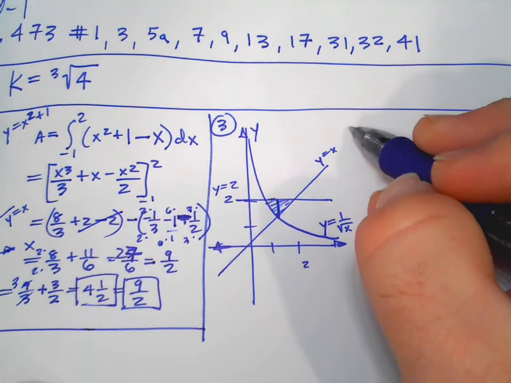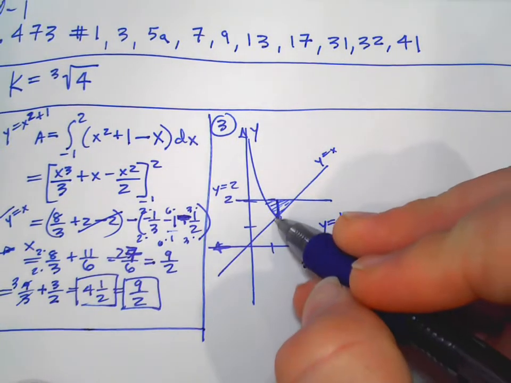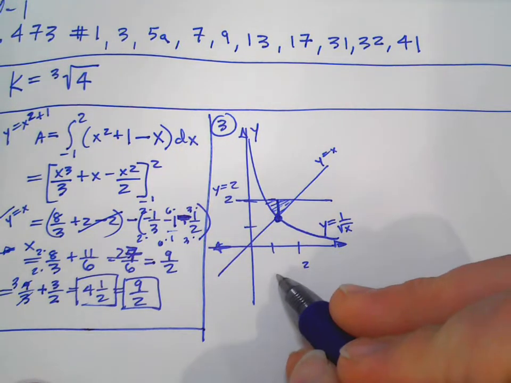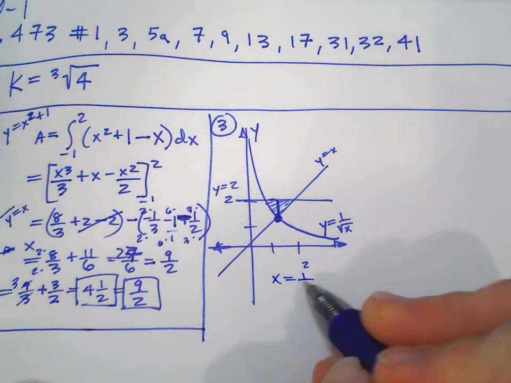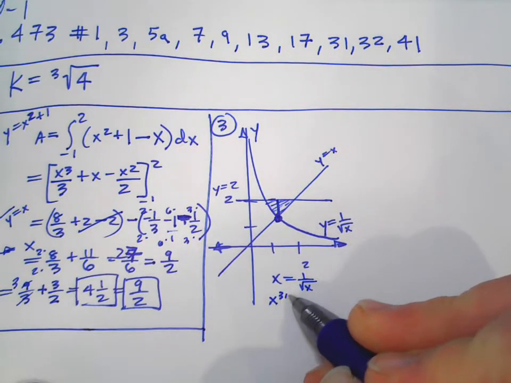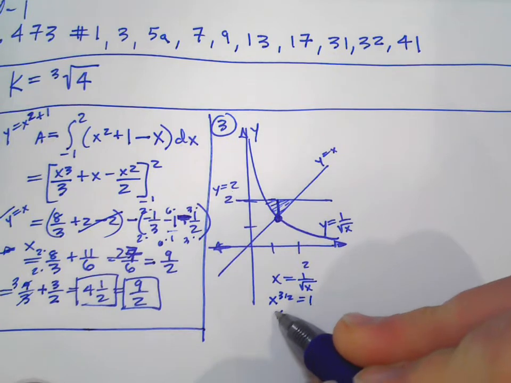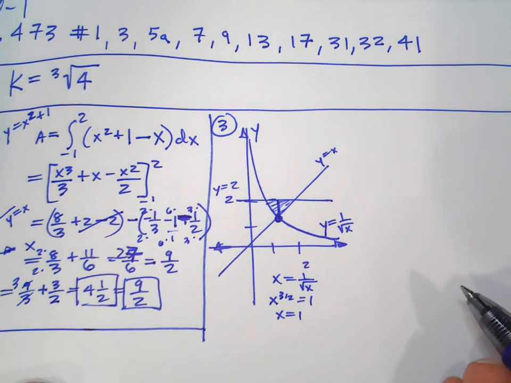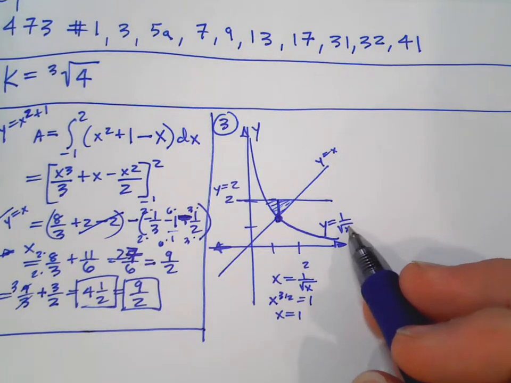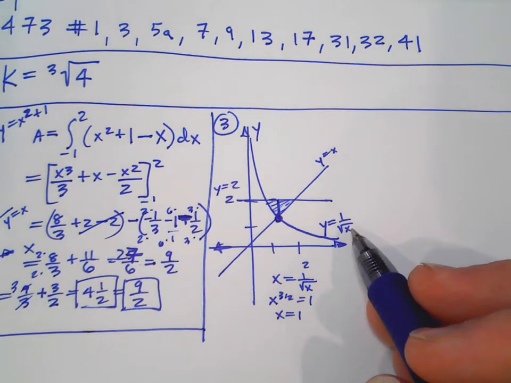If you did vertical slicing, we have to find this intersection, which would involve setting those equal to each other. And then we get x to the 3/2, x equals 1, plus or minus. This function doesn't exist where x is negative.